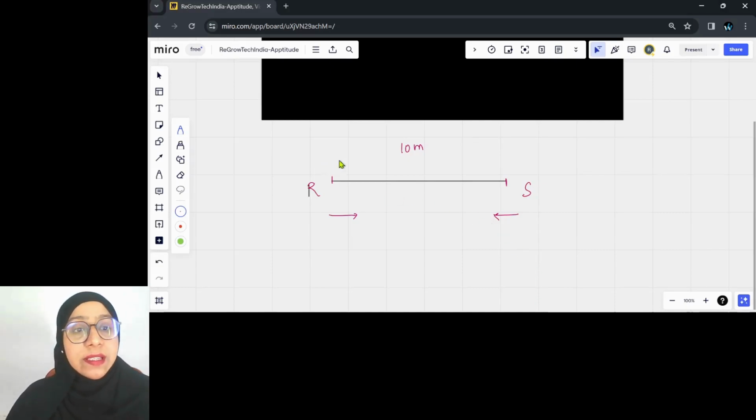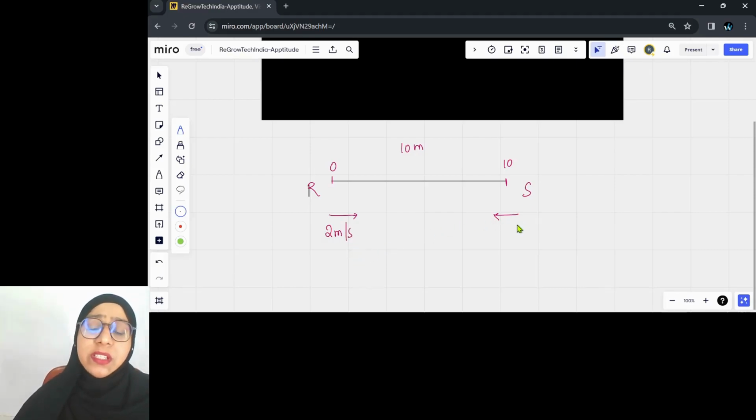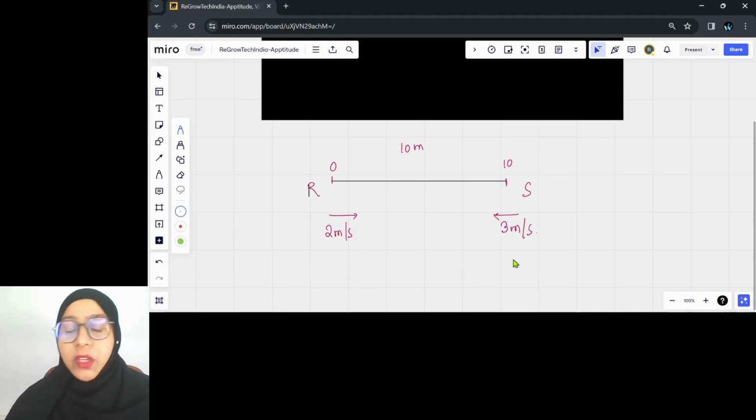Here we say that Raj is at 0, whereas Simran is at 10 meters, considering the distance between the two of them is 10 meters. Raj is at a speed of, say, 2 meters per second, whereas Simran is at a speed of 3 meters per second. Okay.